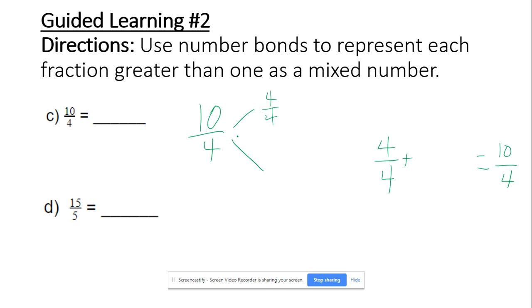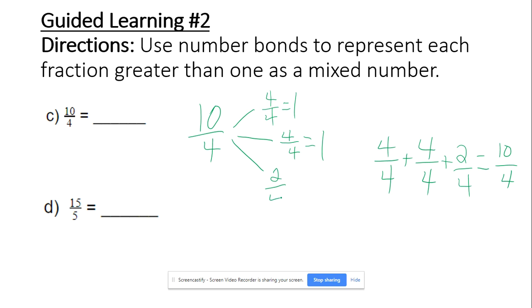So that means that we can take out another whole. So we're taking out 4/4, which is equal to 1 whole, another 4/4, which is equal to another whole. So let's see, we have 4/4 plus 4/4, that's 8/4. Oh, 8/4, what do we need to add to 8/4 to get to 10/4? 2/4.